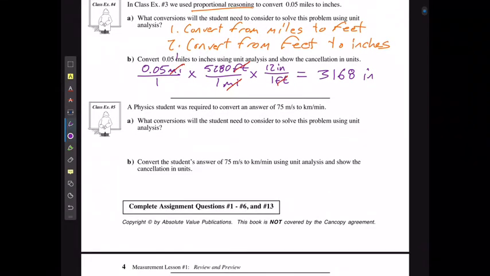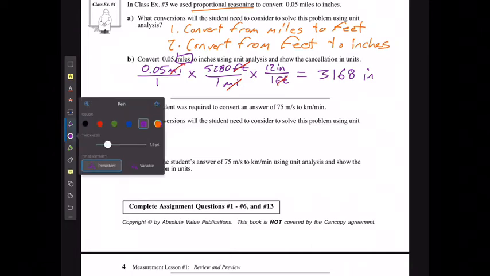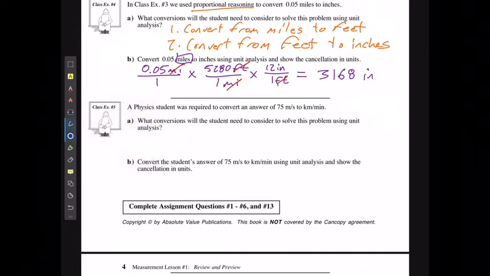All of these were just single units, but what if I started out with a ratio? A physics student was required to convert an answer of 75 meters per second into kilometers per minute.